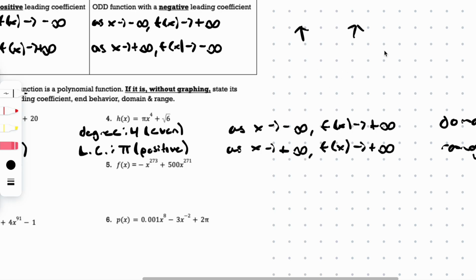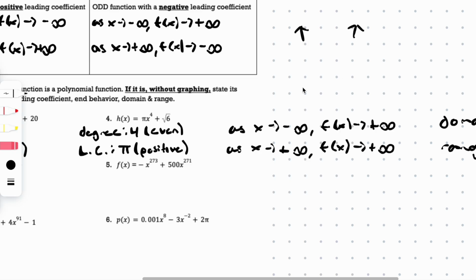So the way we do that is just by thinking logically. If we have a negative number raised to the 4th power, we're eventually going to be getting a positive number. If we have a positive number raised to the 4th power, we're going to get a positive number. If we have 0 raised to the 4th power, we're going to get 0.